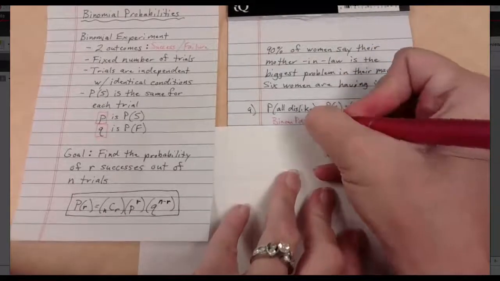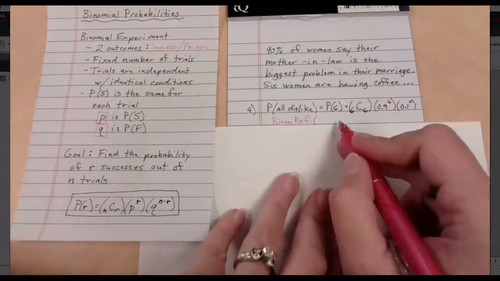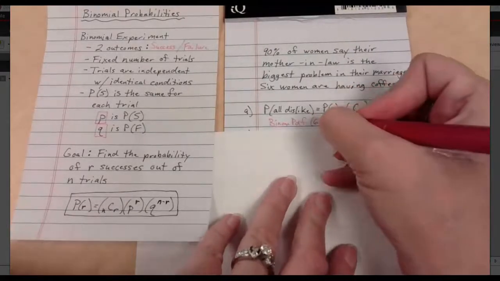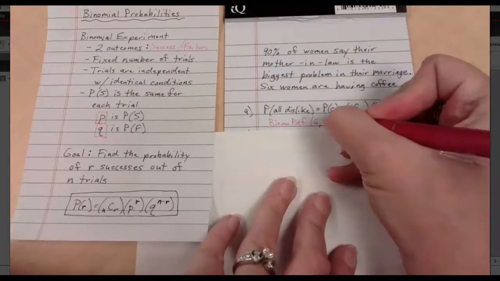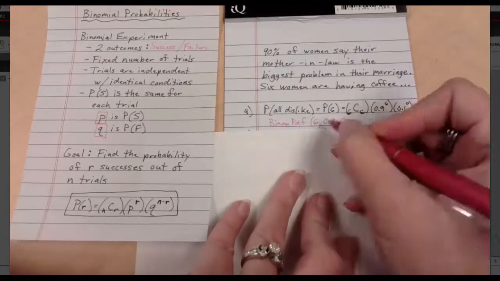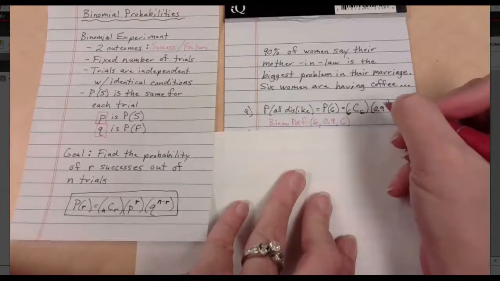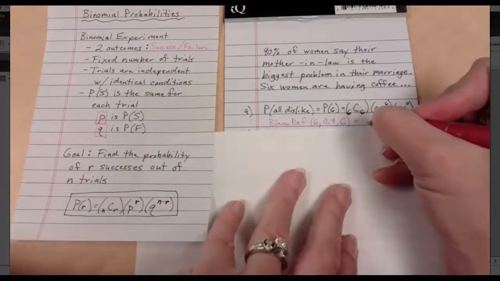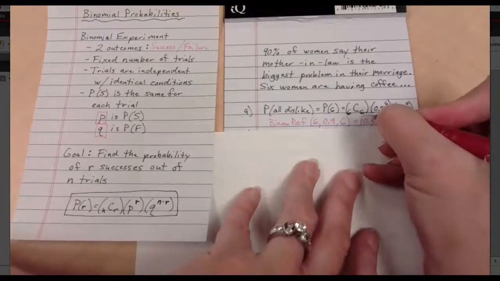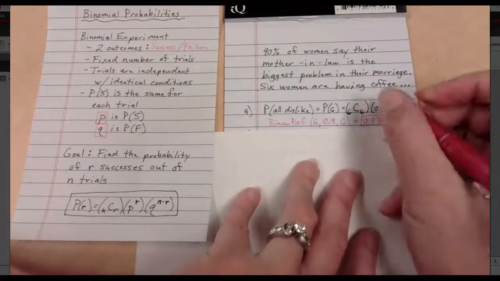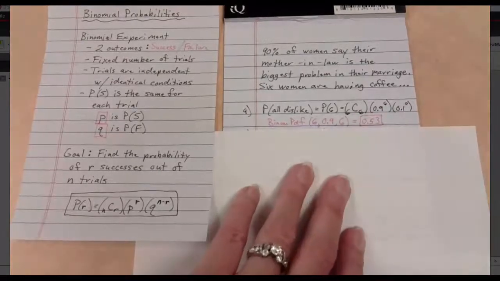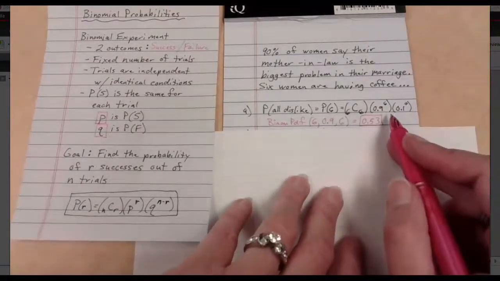And we told it the arguments, that's what these are called, arguments, that there were going to be 6 trials because there are 6 women, and that the probability of success is 0.9, and that we're looking for 6 out of the 6 women to dislike their mother-in-law. We cranked that through and we got 0.53 approximately, which is the exact same value that we would get from cranking this through in our calculator, or I suppose hand cranking it if you really wanted to.